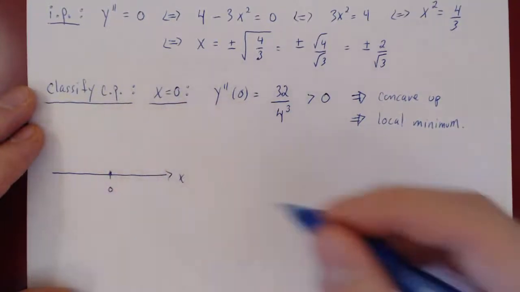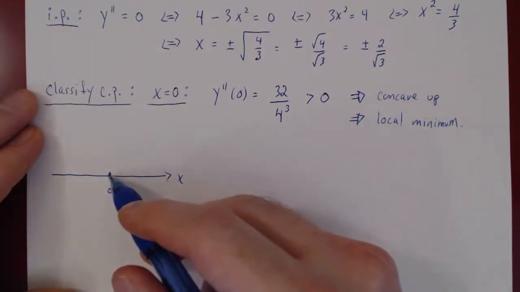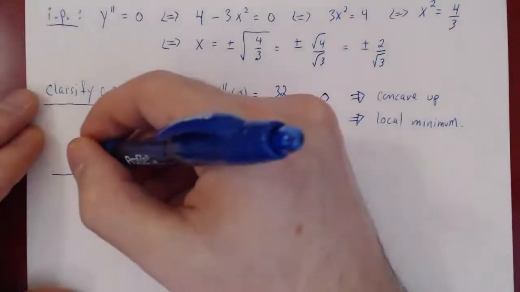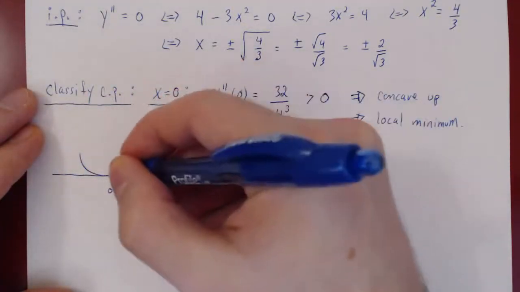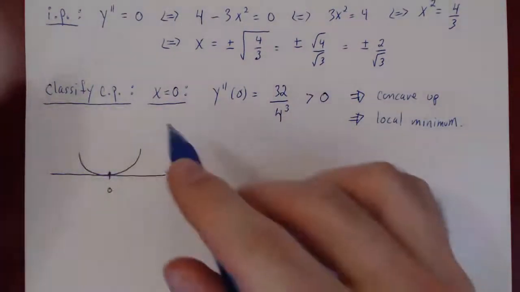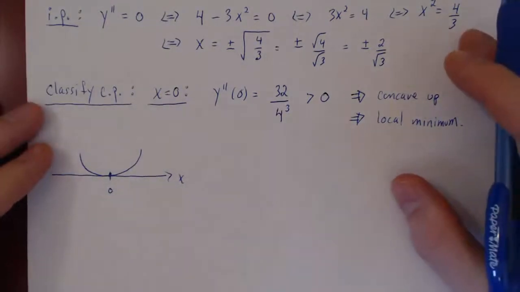The y value is 0. The derivative at 0 is 0, so the curve is flat there and is concave up, so we have a local minimum. So the curve would look something like this around x equals 0. And now that we have classified our unique critical point, we're now ready to build our table of values.